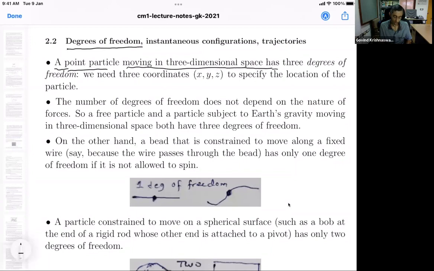We will say that this particle has 3 degrees of freedom. And this is because we need 3 coordinates. Suppose we use Cartesian variables, then we need x, y, and z coordinates of the particle at any instant of time. So to locate the particle at a given instant of time, we need 3 real numbers. And so we will say that the particle has 3 degrees of freedom.